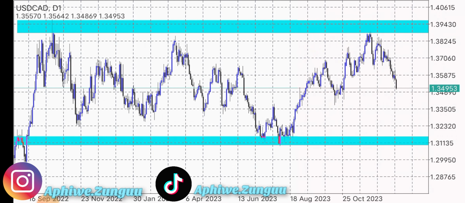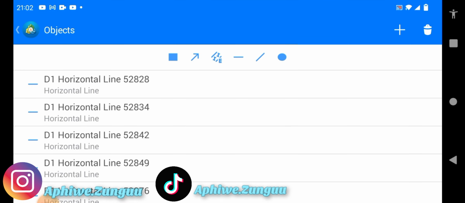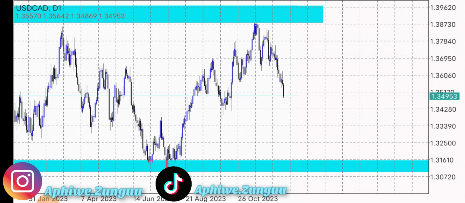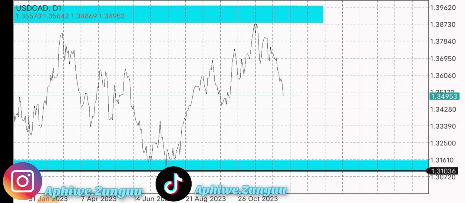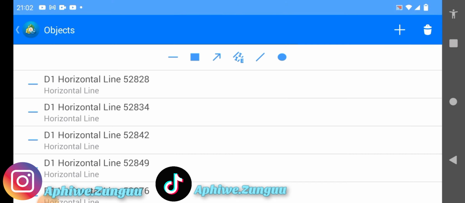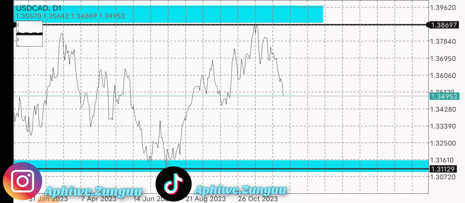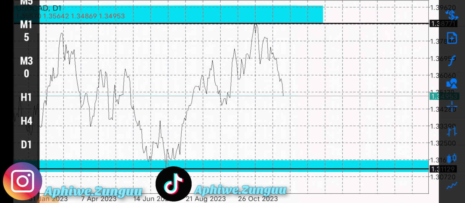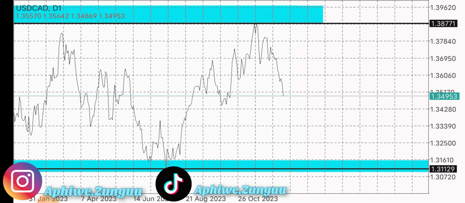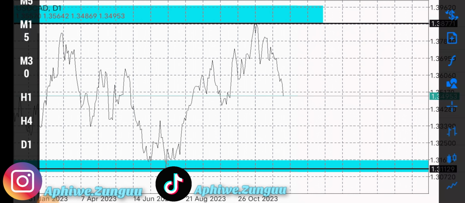But that doesn't mean we can't trade just because the market's in consolidation. With our low right there and our high right there, we can currently see that the market is dropping towards the downside because the market hit our overall high, and from there it failed to break that high. So we're currently anticipating sells towards the downside.